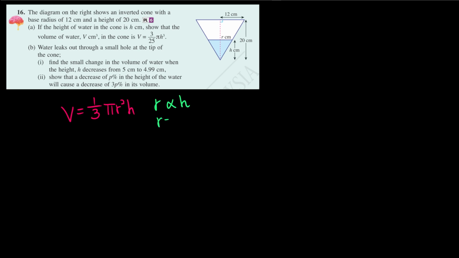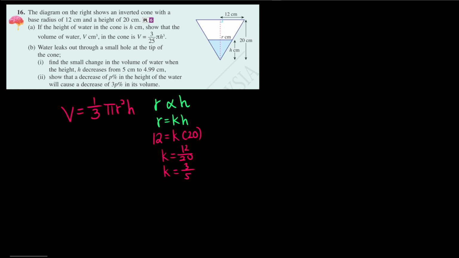So r is equal to kh, but the first scenario they give us is when the radius is 12, the height is 20. So we know the constant is going to be 12 over 20. If you simplify it, you will have 3 over 5.